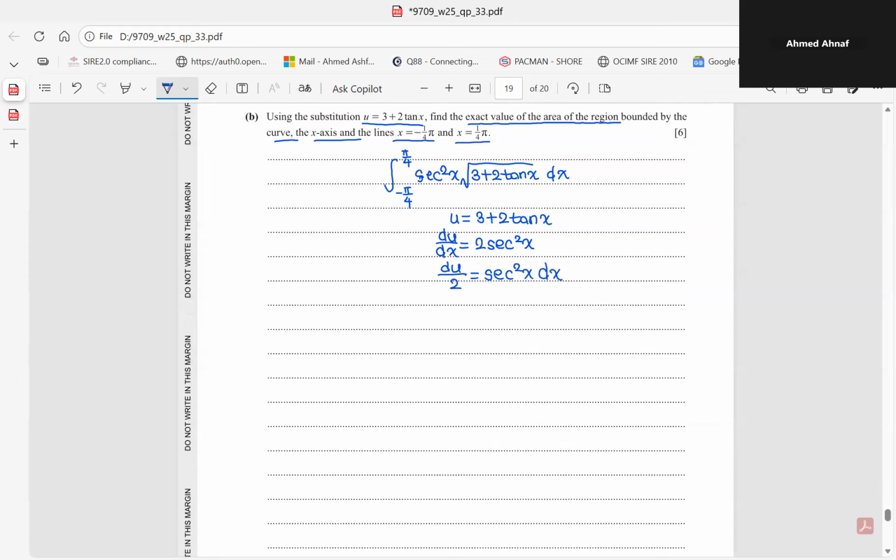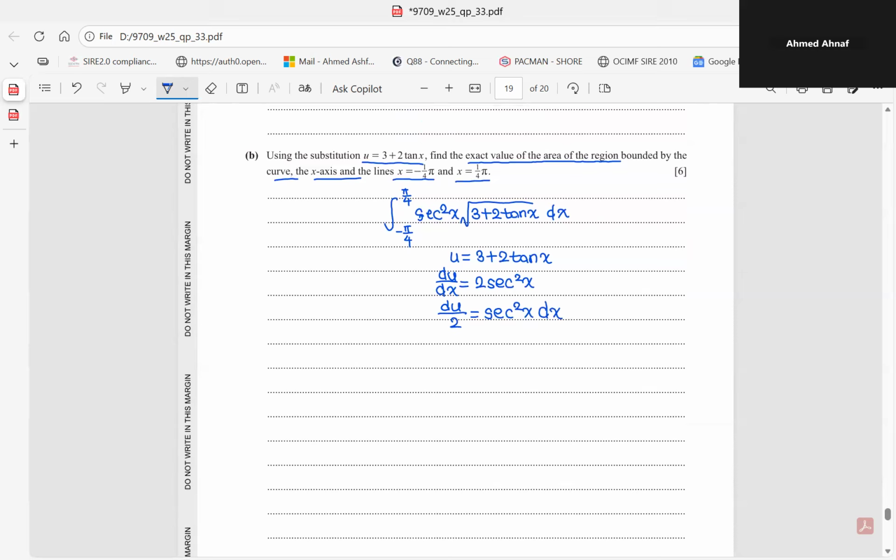And since we're dealing with a definite integral and we're using integration by substitution, we also need to change our limits. So the upper limit would just be 3 plus 2 tangent π/4. Tangent π/4 is 1, so 3 plus 2 is 5.